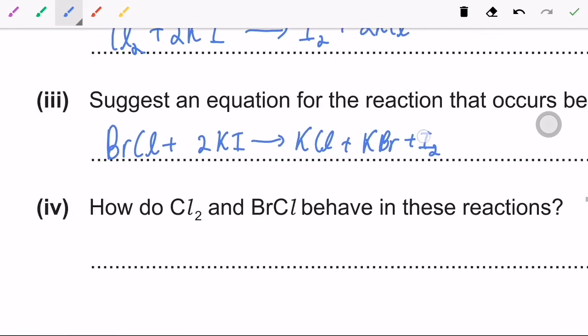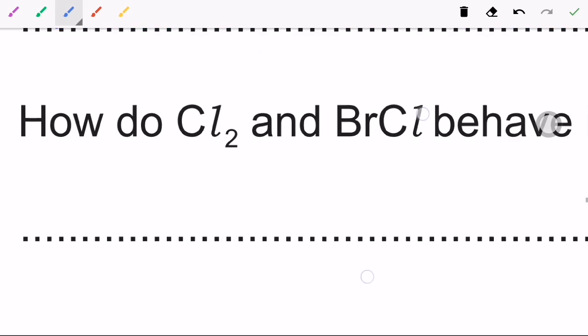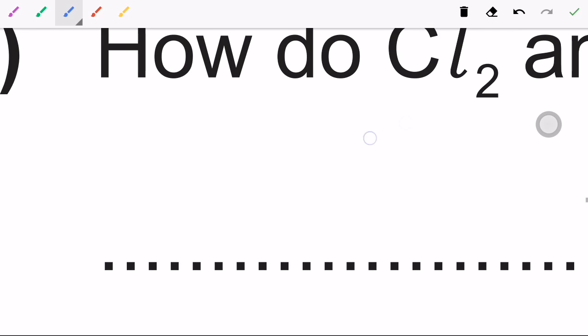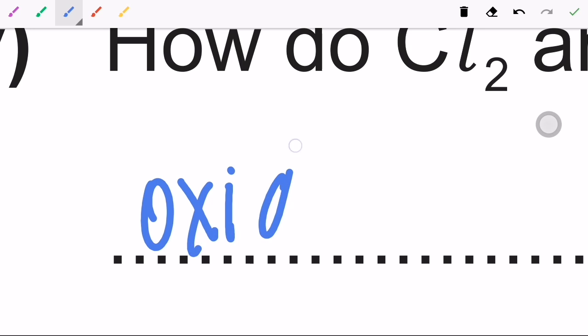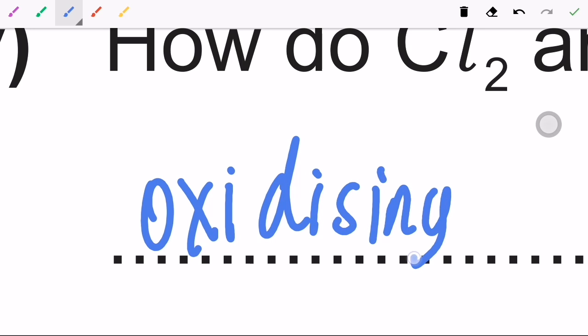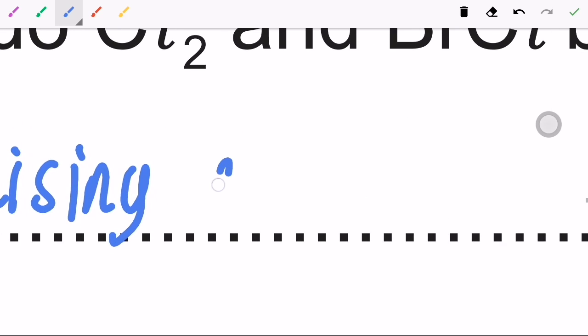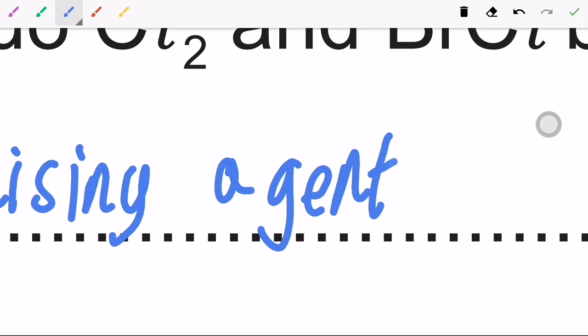How do Cl2 and BrCl behave in these reactions? You must know they are oxidizing agents. Why do you think they're oxidizing agents? Because they are being reduced in the process.